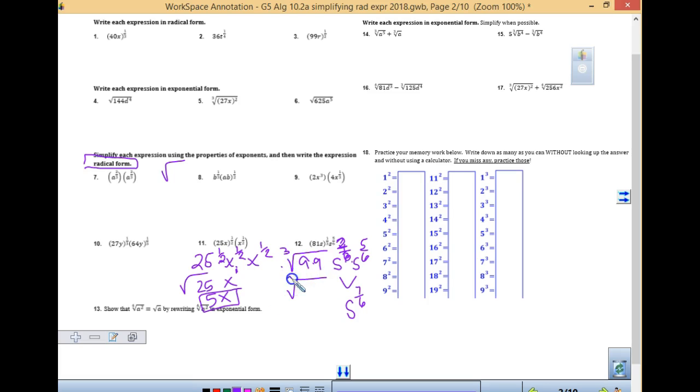9 times 9 is really, if we're writing out all our factors, four 3s, right? The problem that some people had is they tried to find the cube root of 81. Well, there isn't a nice cube root of 81, but there is a nice cube root of 27. 3 times 3 times 3, the cube root of that is simply 3.